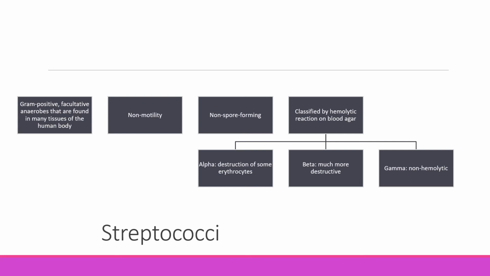Alpha are the cells that destroy some erythrocytes, where betas are much more destructive, and the gamma group are considered non-hemolytic.